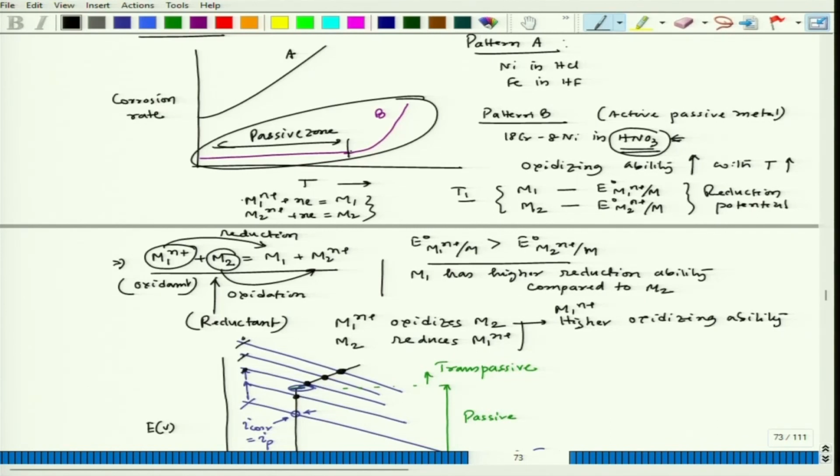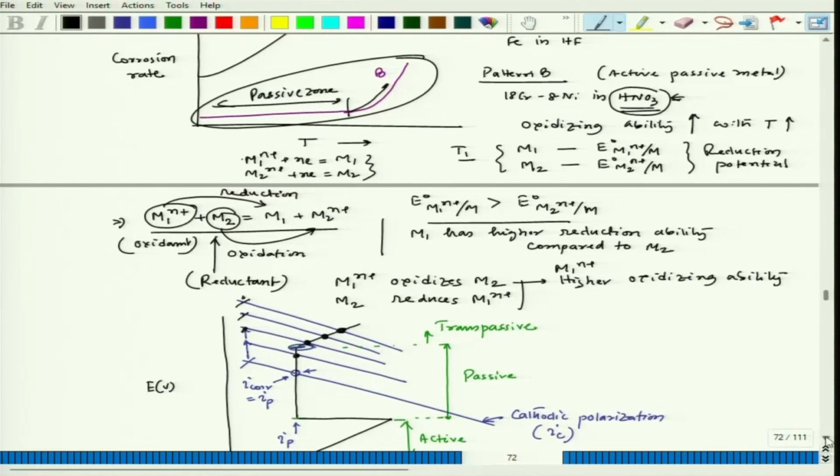So, that is how the corrosion rate again increases like this. This is typical of 18-8 stainless steel in HNO3. So, this is the effect of increasing oxidizing ability of the corrosive with increase in temperature.